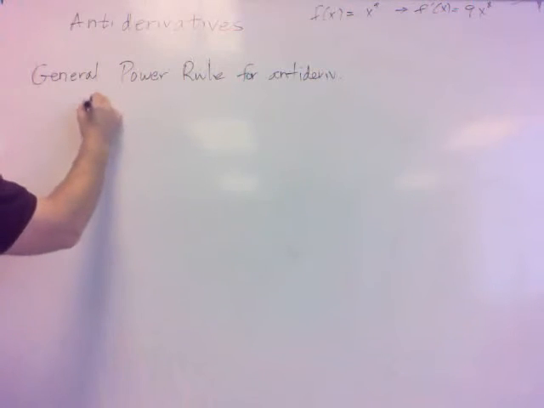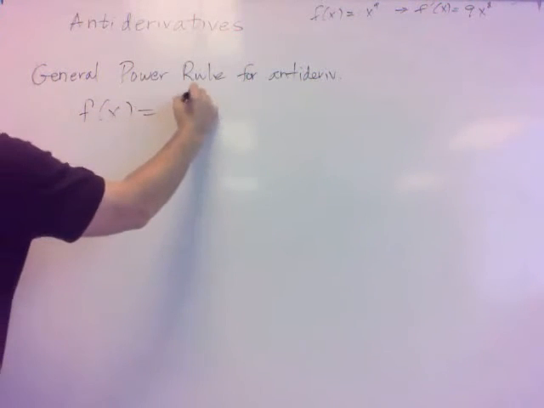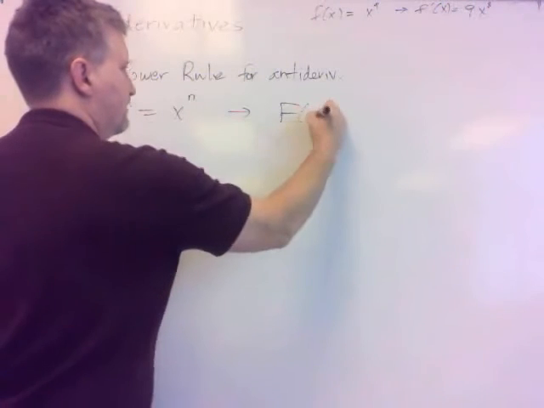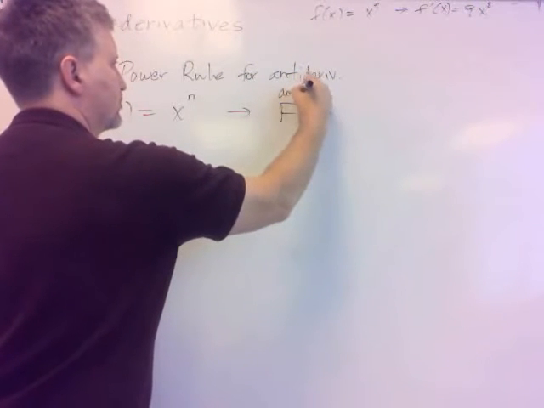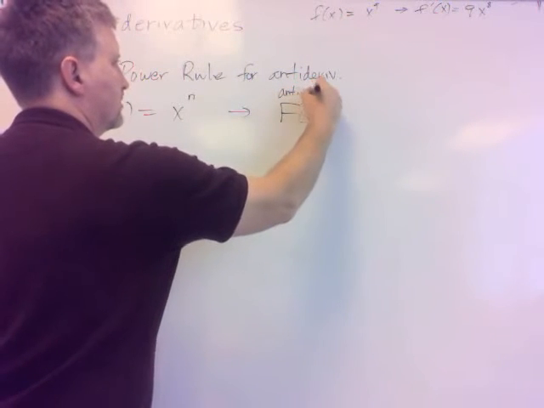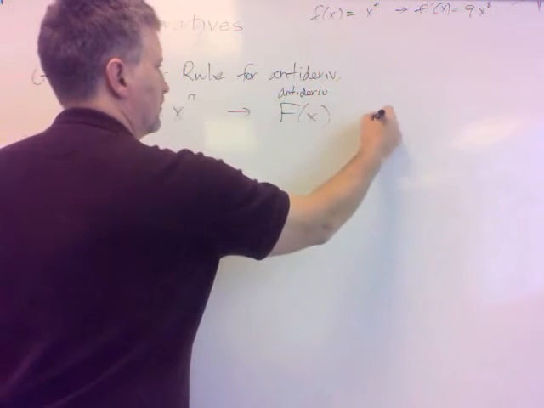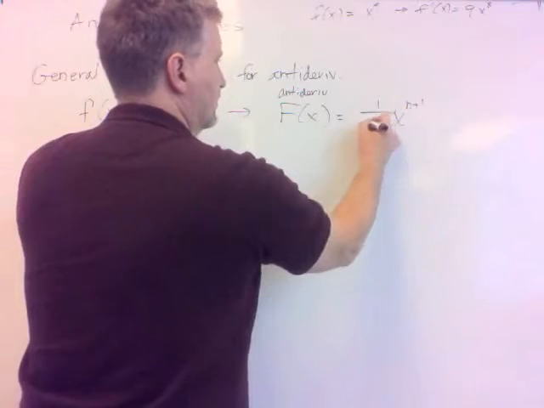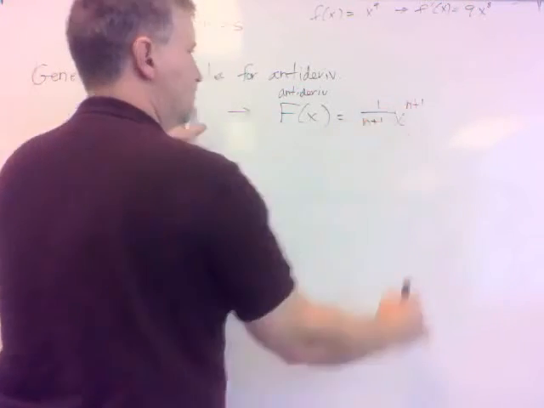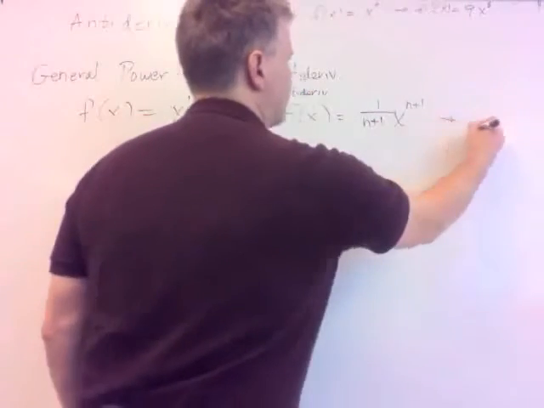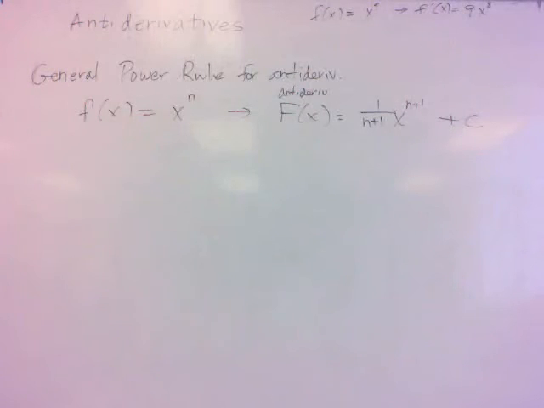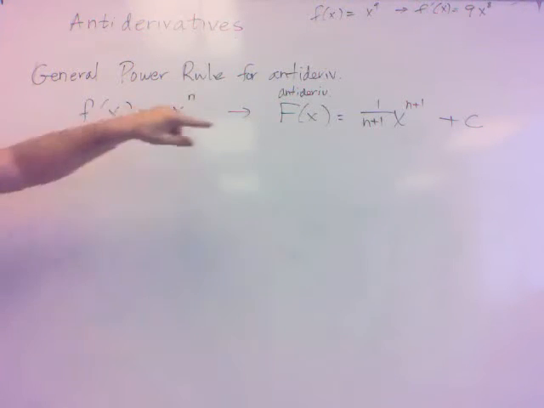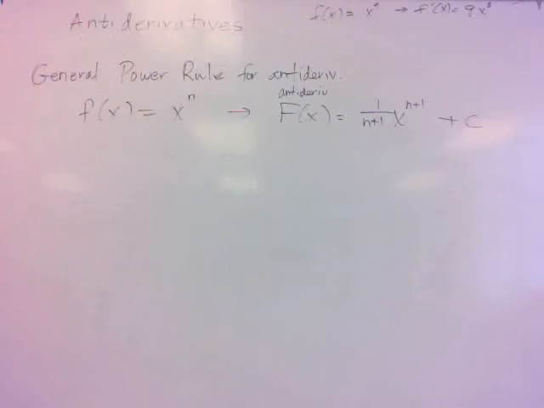It says if you have f of x equals x to a power, then for the antiderivative big F of x, we add 1 to the power, and then we take 1 over that new power, and then stick a plus c at the end. That's the way it's always going to work. Add 1 to the power and then divide by that power, 1 divided by that power up front. Okay? All right, now, words of caution here.